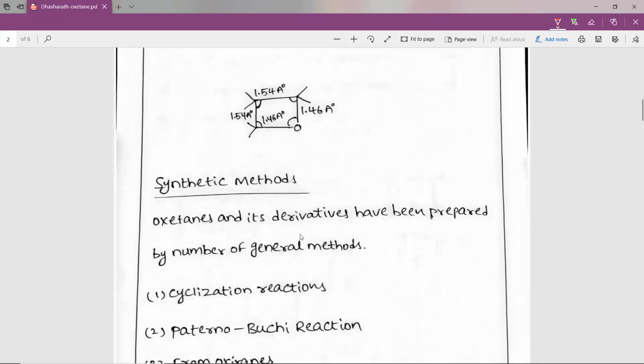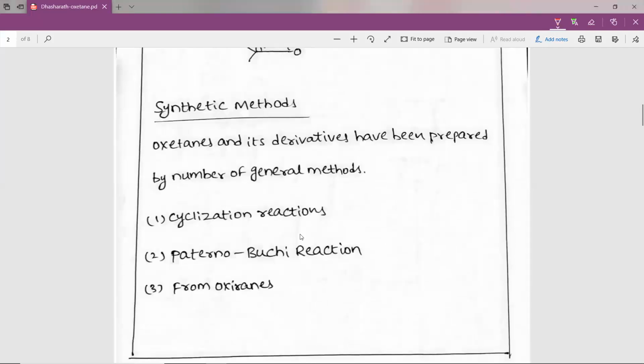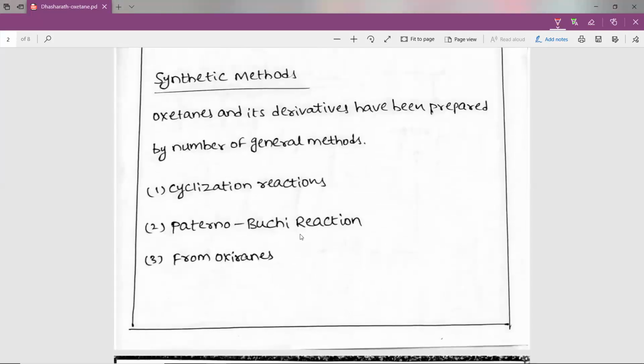So coming to the methods of synthesis. Oxetane and its derivatives have been prepared by a number of general methods. The first one is cyclization reactions, the second one is the Paterno-Buchi reaction, and the third one is from oxiranes.